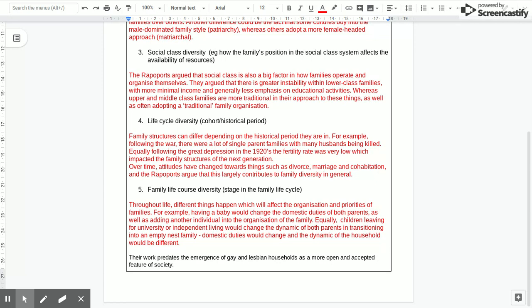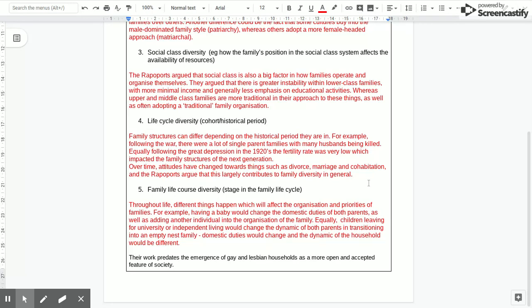So, for example, in these days, we have a very sort of lax attitude around divorce. We don't see the importance in marriage so much anymore. And cohabitation is on the rise, so people living together without actually getting married. And the Rapoports argue that basically this is one of the main contributors to family diversity in general.